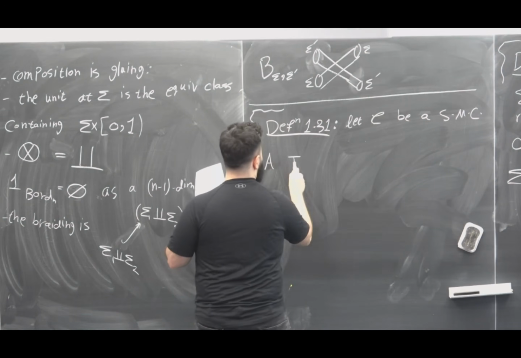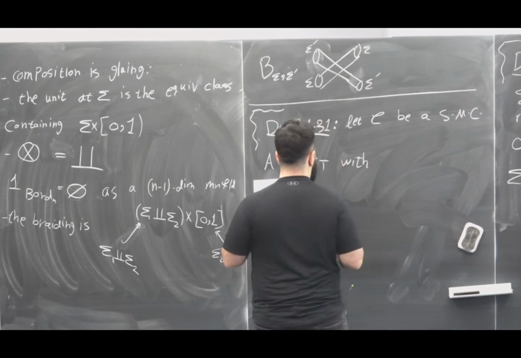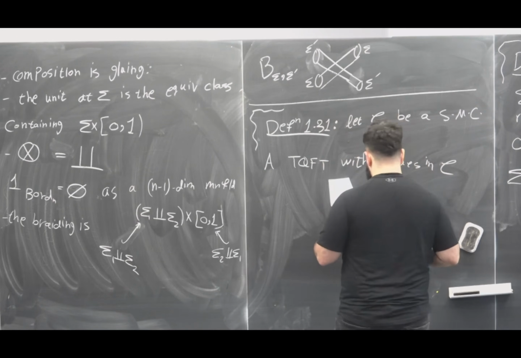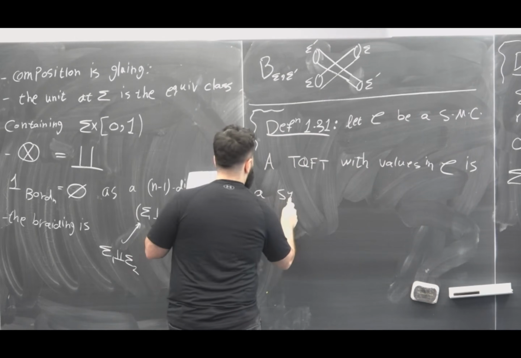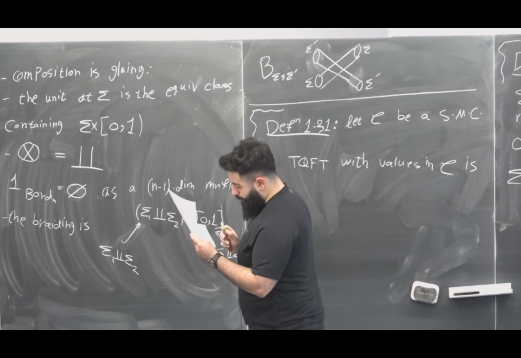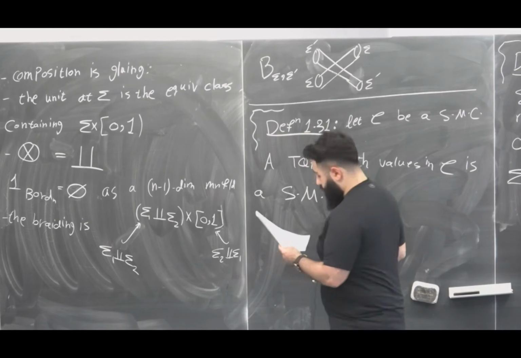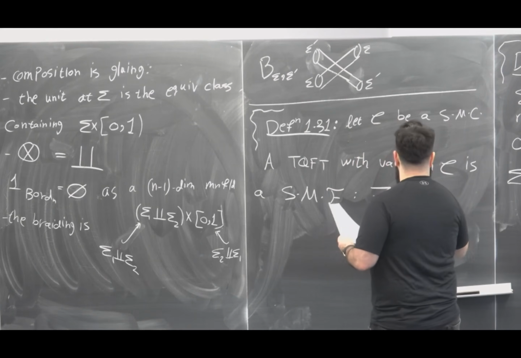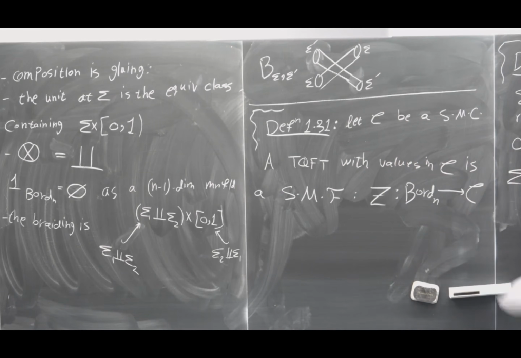A TQFT with values, so back to Atiyah's definition, with values in C is a symmetric monoidal functor Z from the category of n-dimensional cobordisms to this symmetric monoidal category.